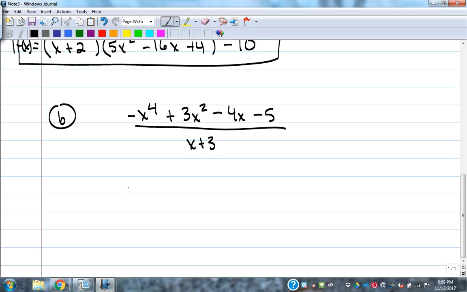So let's set this up for synthetic. What goes on the top row? Negative 1.